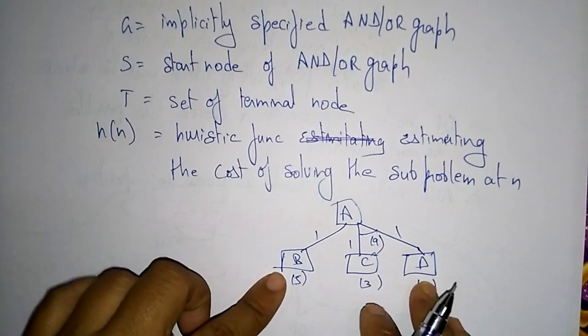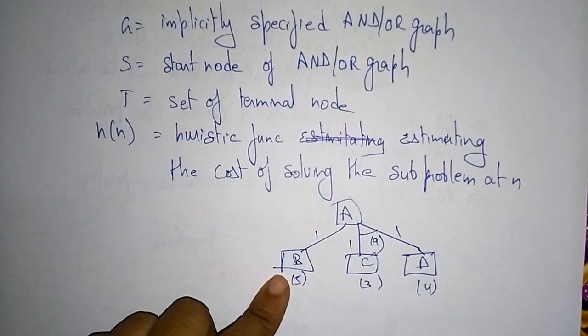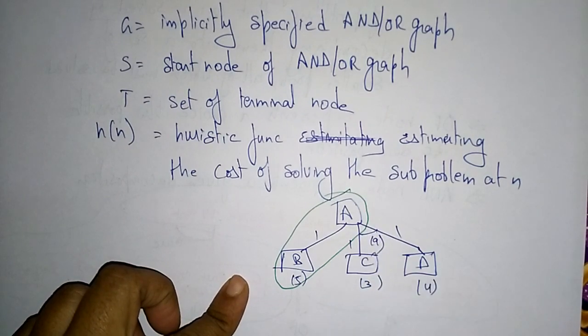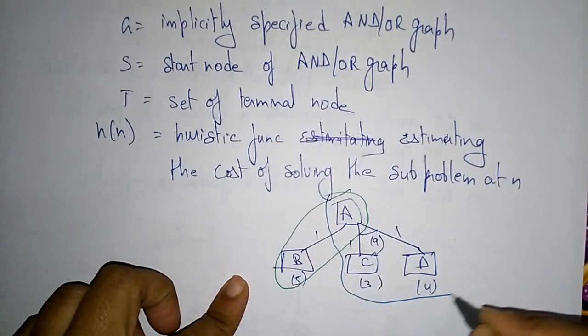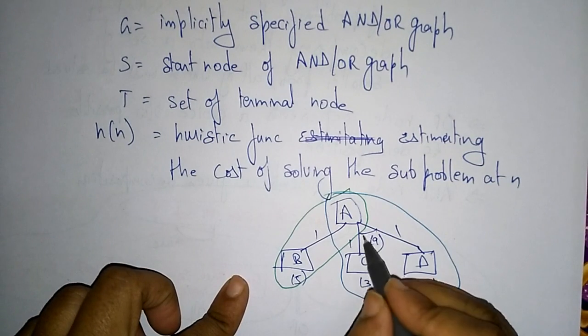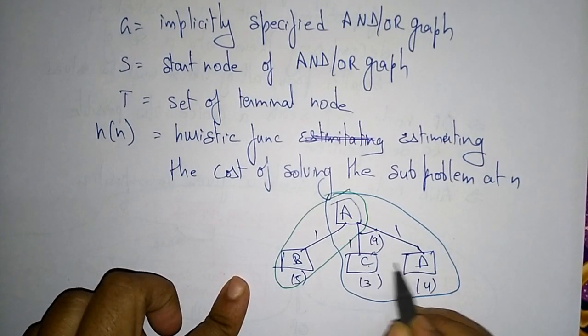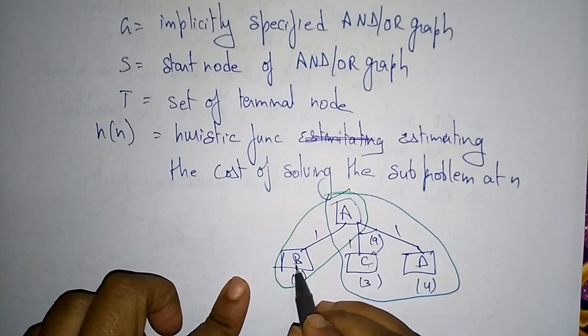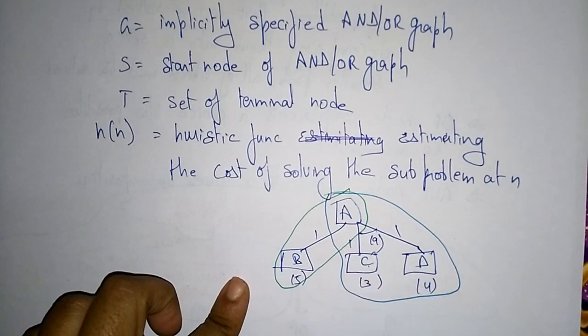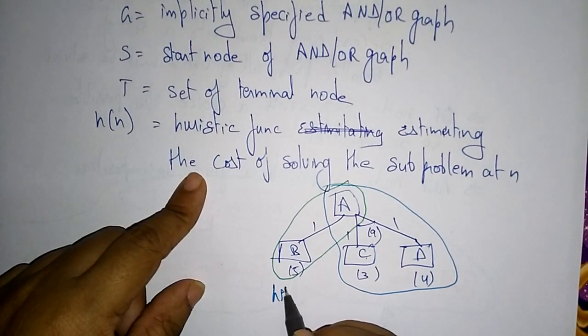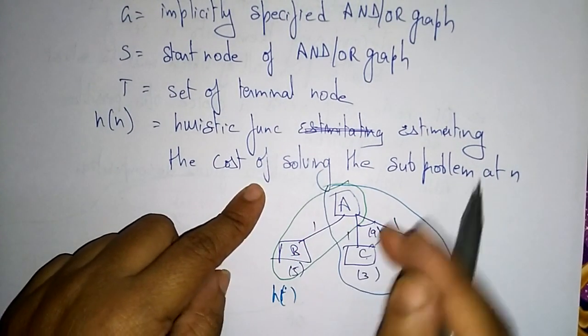So here I have to select this, or else I have to select this. Why do I have to select this? Because AND means these two works have to be considered to get this, and for B only if you satisfy this can you get A. So the heuristic function represents estimating the cost of solving the sub problem.